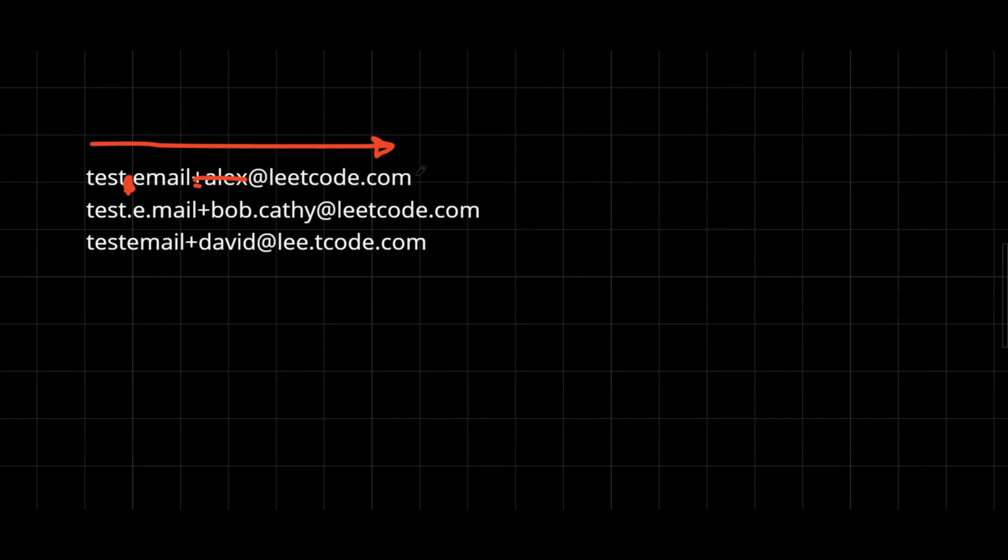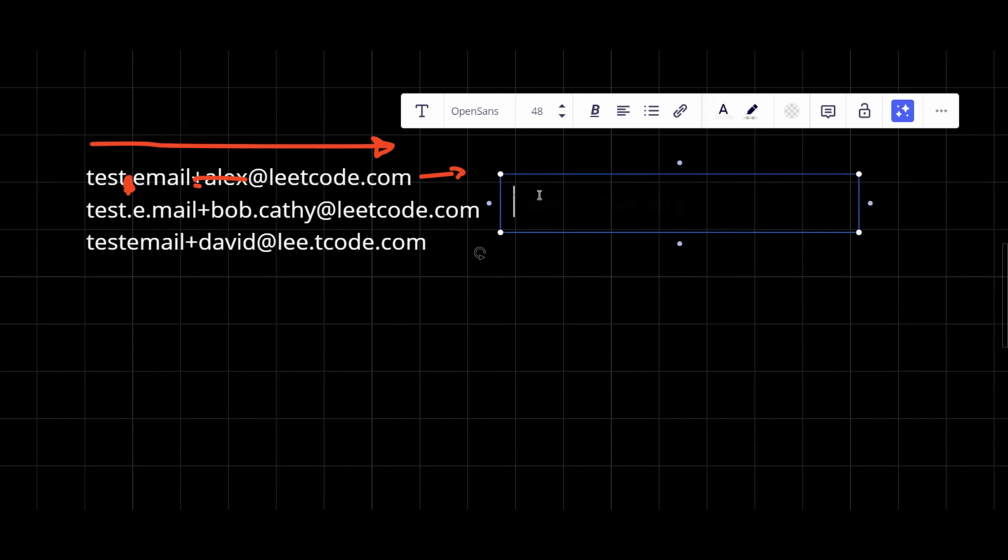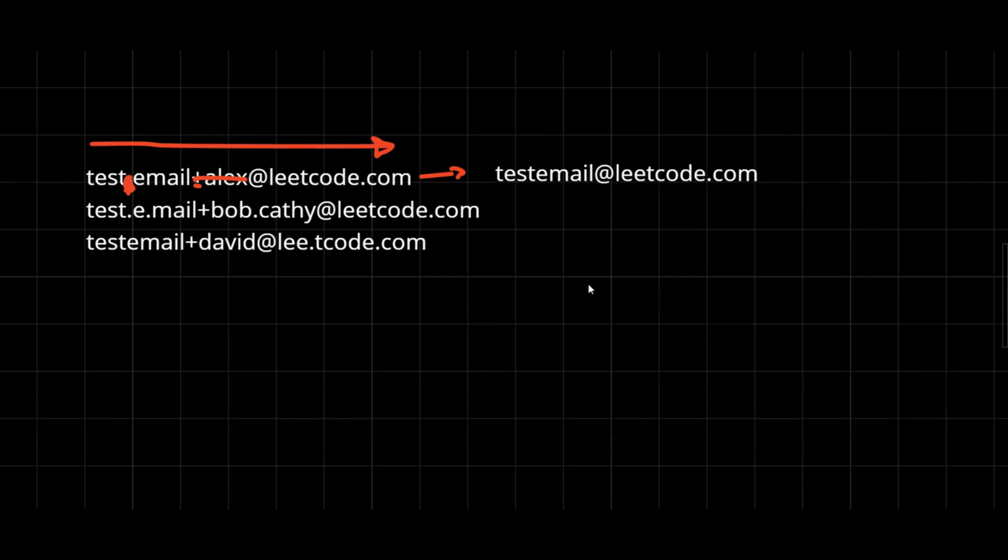So here, if we perform the operations on the first string, the email will be testemail@leetcode.com, because we have ignored all of the values which appear after the plus sign and we have ignored the period.